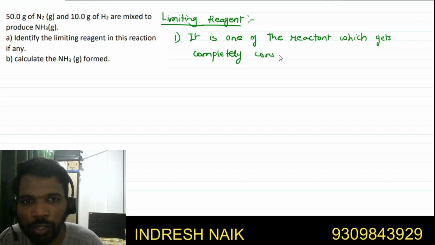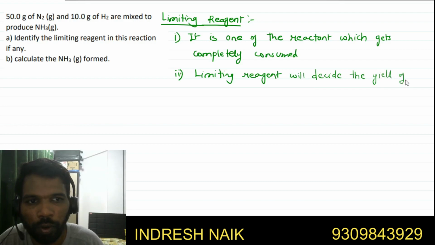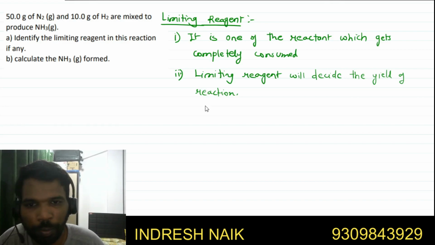And the second definition is that the limiting reagent will decide the yield of the reaction. Means how much of the product will be formed will be decided by the limiting reagent.